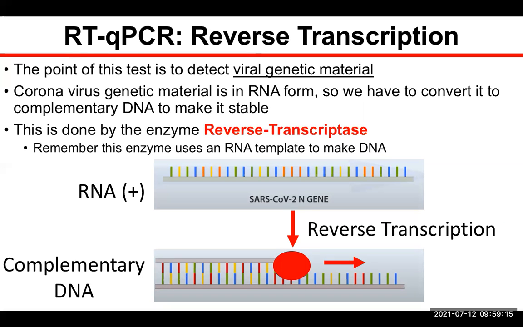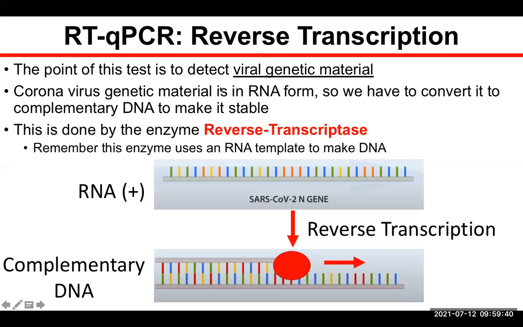So remember, the coronavirus has an RNA genome. And as I've stressed in previous lectures, RNA is very unstable. So in order to actually run this assay, you need to make the RNA stable, and you do this by making complementary DNA, or cDNA.